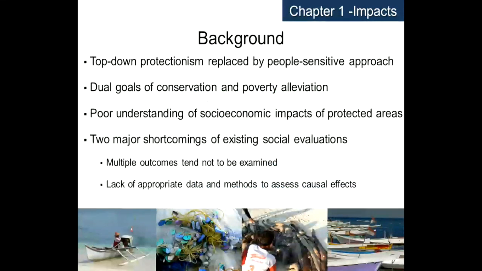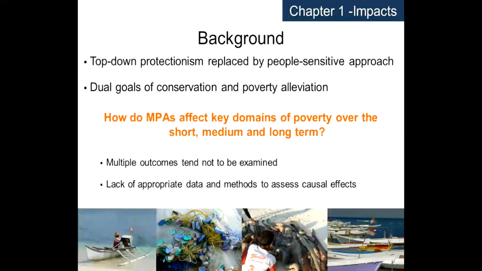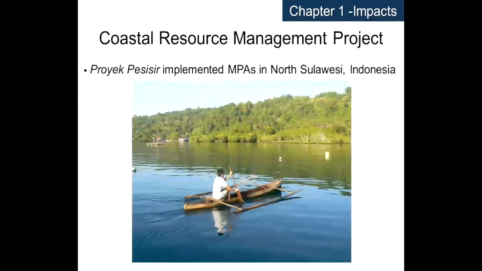So I use this kind of data to ask, how do MPAs affect key domains of poverty over the short, medium and long term? To answer this question, I studied the Coastal Resource Management Project, locally known as Proyek Pesisir, which implemented MPAs in 4 villages in North Sulawesi in Indonesia. And this was one of the villages there. You can see the buoys of the MPA.